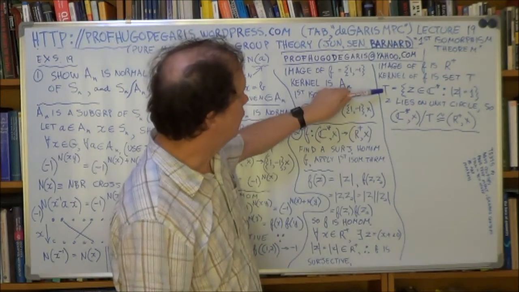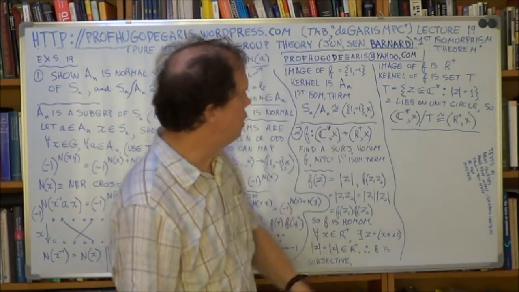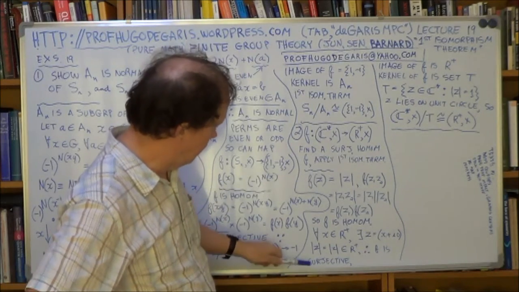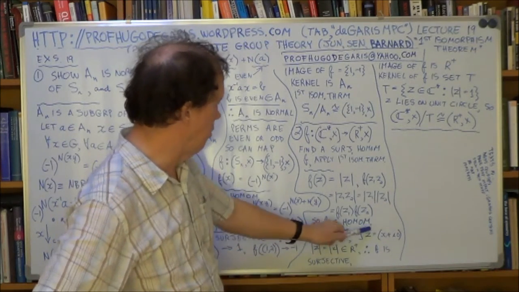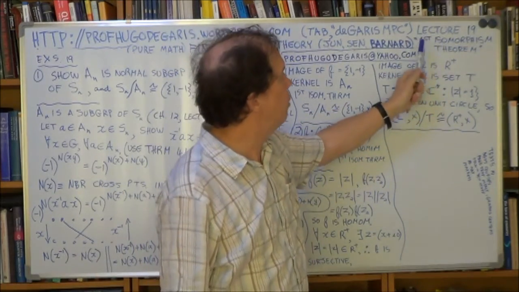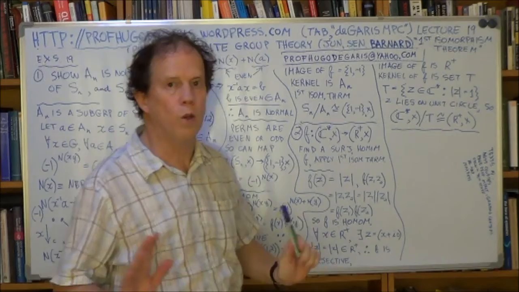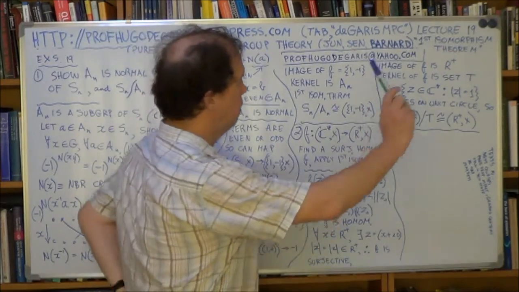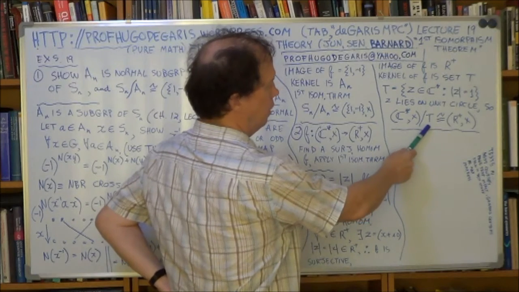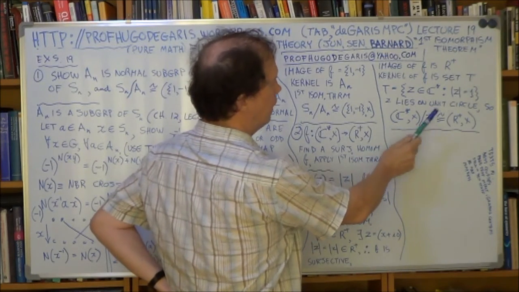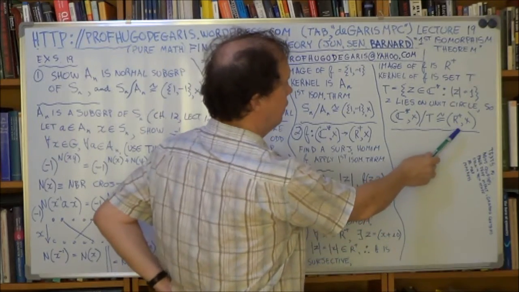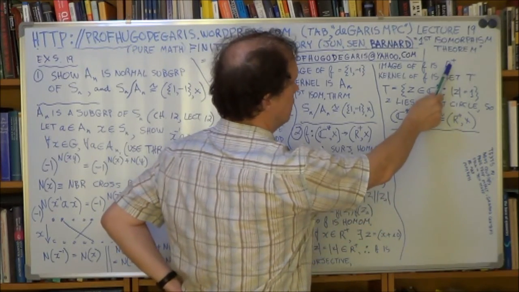Okay, so we have the kernel, we have the image, we know that this mapping function f is surjective, we know it's homomorphic, and therefore, with all the theory we did, the first isomorphism theorem holds. Therefore we can write the parent group modulo the kernel, which is T, is isomorphic to the image of f, which is the set R plus.